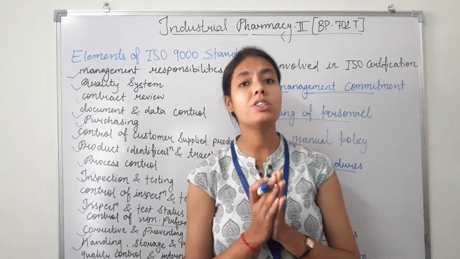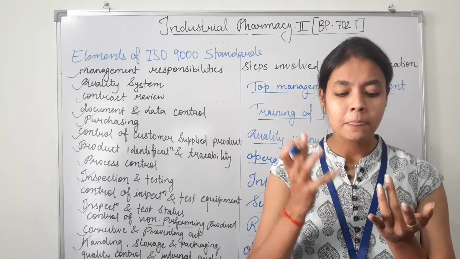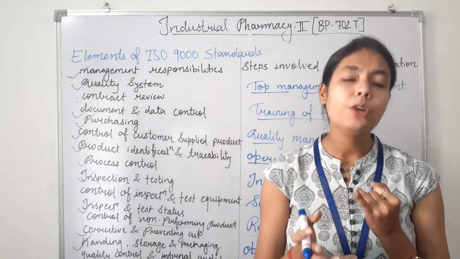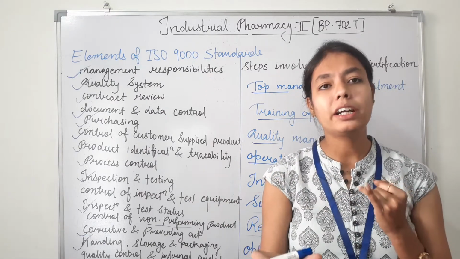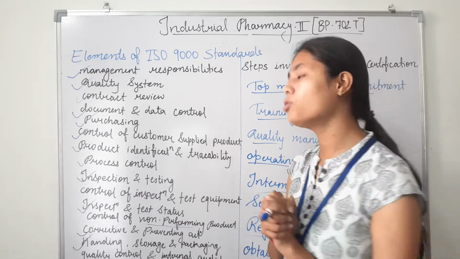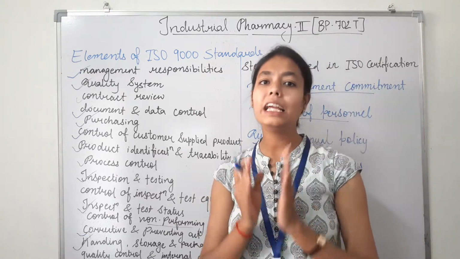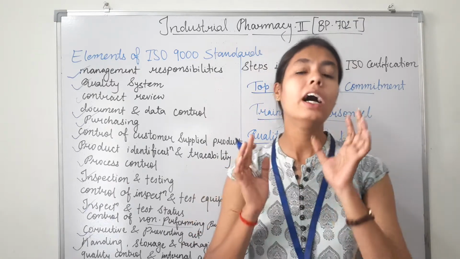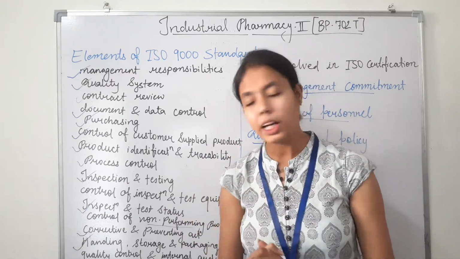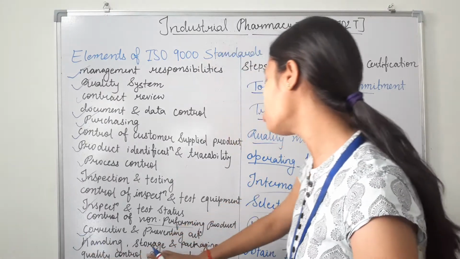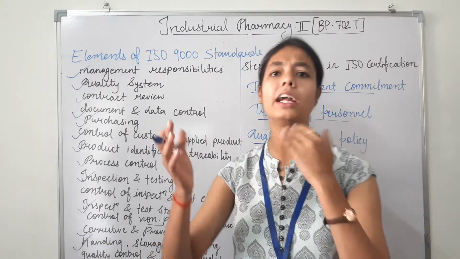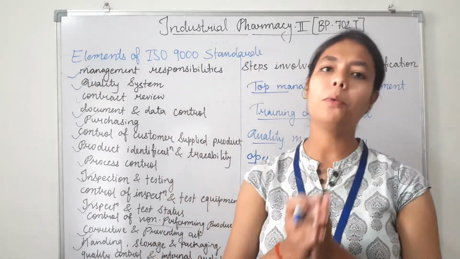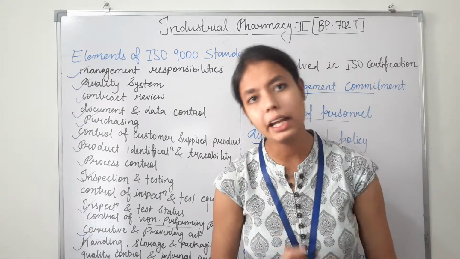Whenever we talk about stability, temperature and humidity are the most important criteria we have to be concerned with. So we have to critically control the temperature and humidity to control the stability of the product. So handling, storage, packaging, shipping, these are all very important to maintain a quality product.